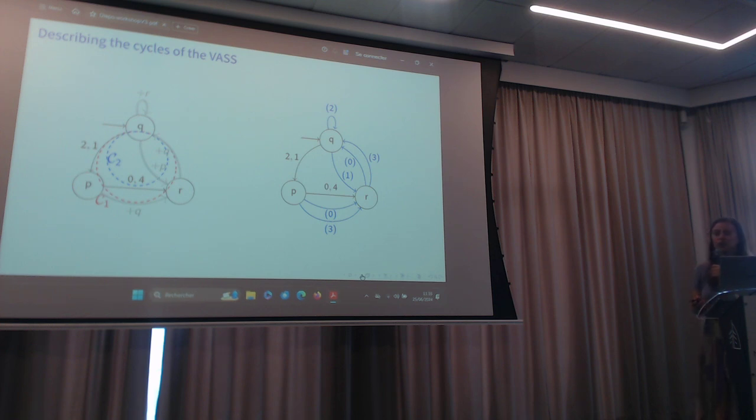I want to give a description of all the simple cycles that may occur in this VASS, a kind of notation for them or a way to organize them, to partition them into finitely many sets. And for this, I will use the cycles inside the branching VASS.